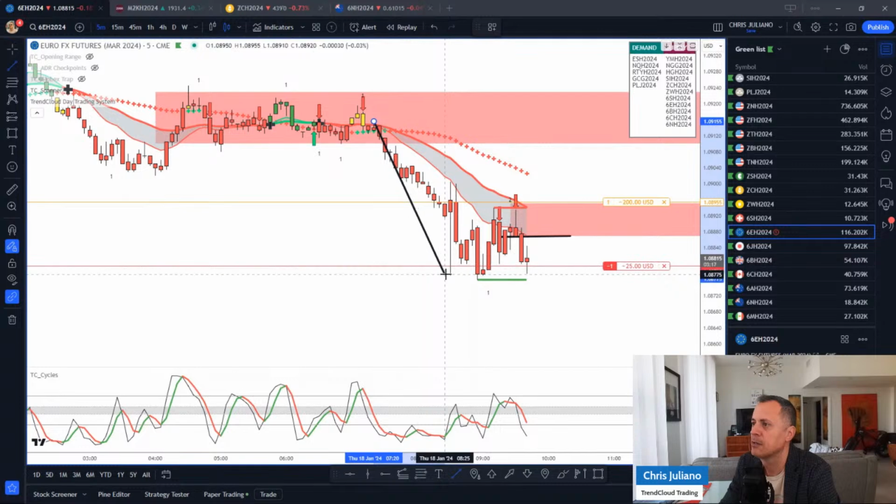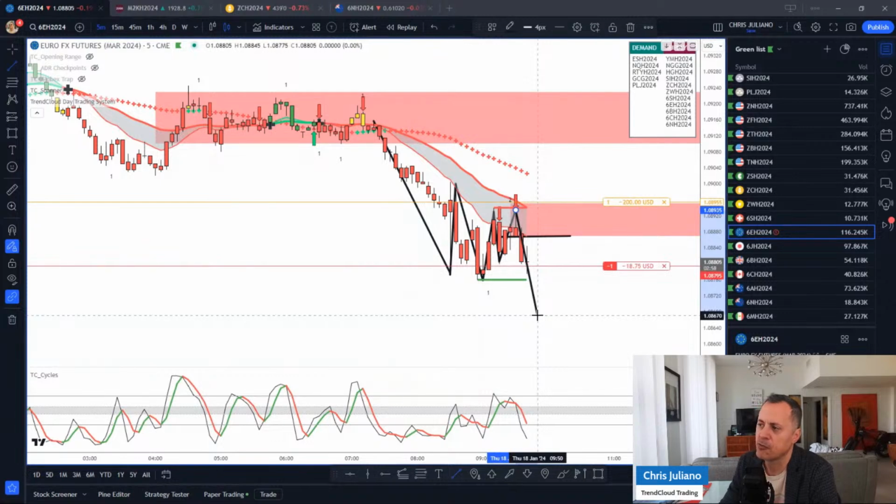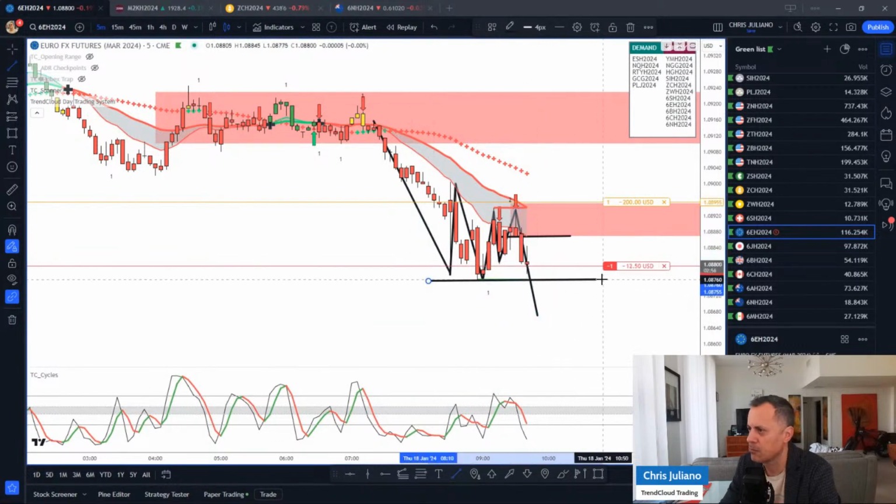Impulse down, wild spike up into the TrendCloud, impulse down, right? Correction into the TrendCloud, impulse, correction, and we really want to see some sort of break of structure right here. Okay, we want to see that break take place right there.